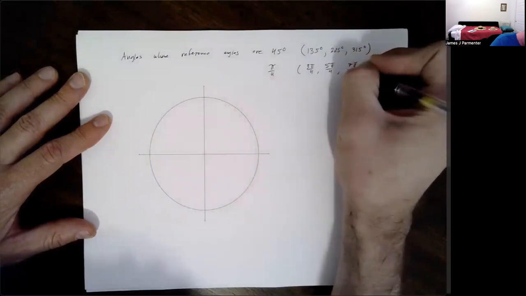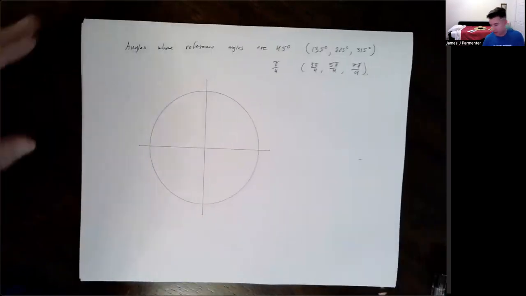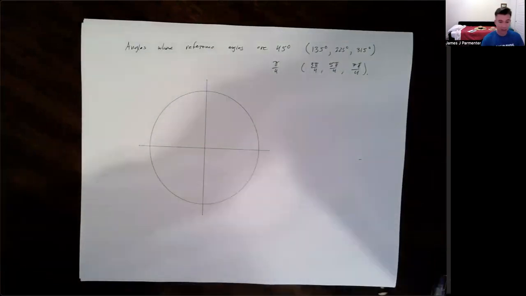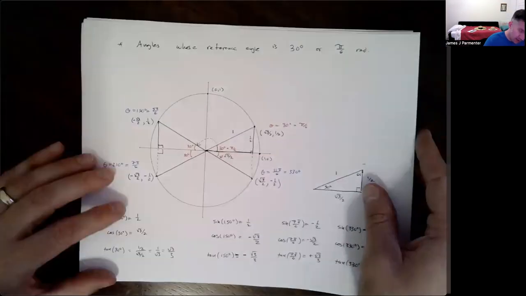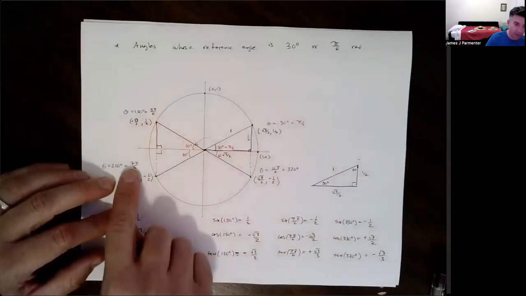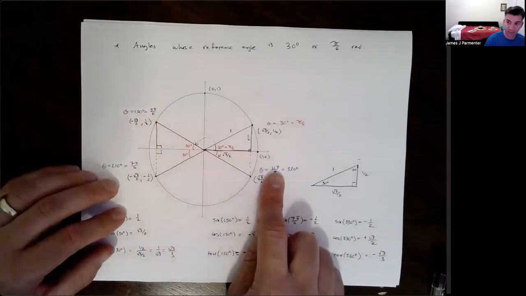Let me make one quick observation, or actually remind you of an observation we made in class yesterday. Radians are really nice. If your angle is pi over 6, or 5 pi over 6, or 7 pi over 6, or 11 pi over 6, the reference angle is pi over 6.